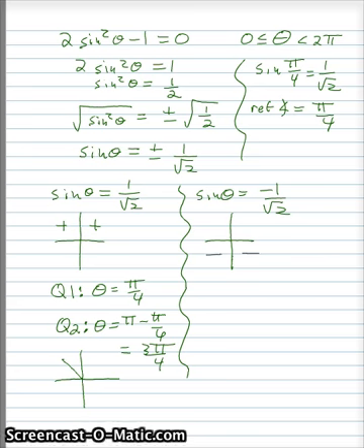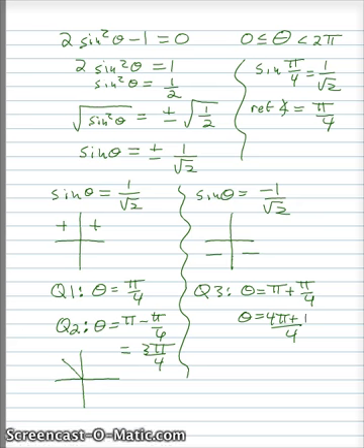Sine, or y value, is negative in quadrants 3 and 4. In quadrant 3, we're starting at pi and then we're going beyond pi over 4. So looking at that, it's going to be pi plus pi over 4, which will be 5 pi over 4. Or 4 pi plus 1 pi over 4, which is indeed 5 pi over 4.